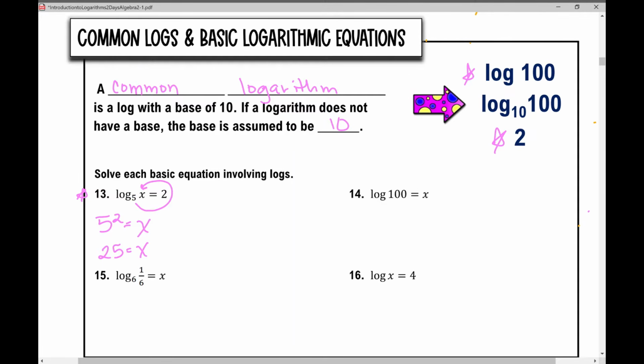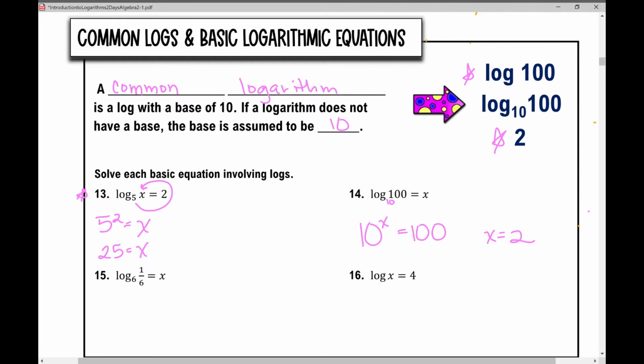Let's move on to number 14. Log of 100 equals x. What's the base if nothing is written? It's 10. The base of a log is the same as the base in your exponential form. So if I rewrite it, 10 to the power of x equals 100. What is x? x is 2, because 10 squared is 100.